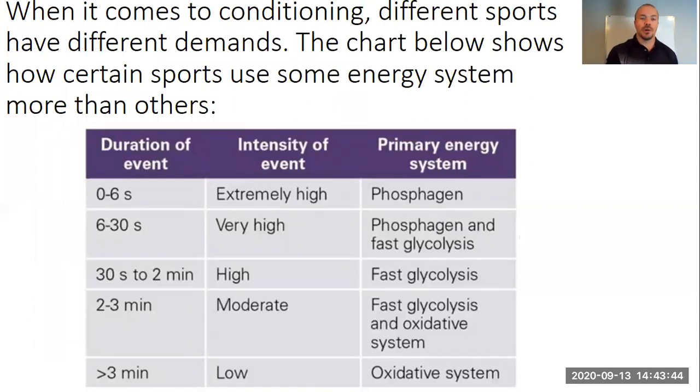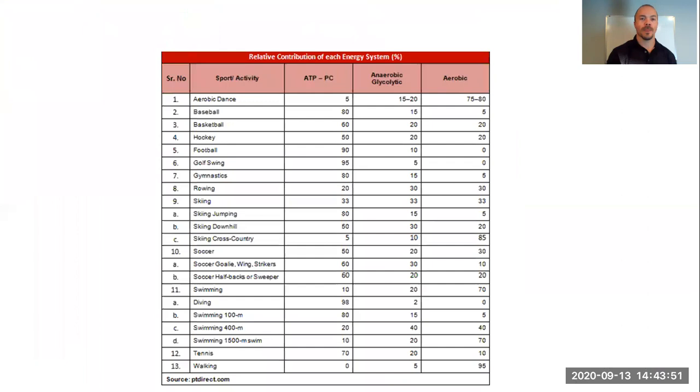And just a refresher on our energy systems and the times that they are correlated with. And again, a refresher on the energy systems that are related to different sports and the dependency of those sports on different energy systems.